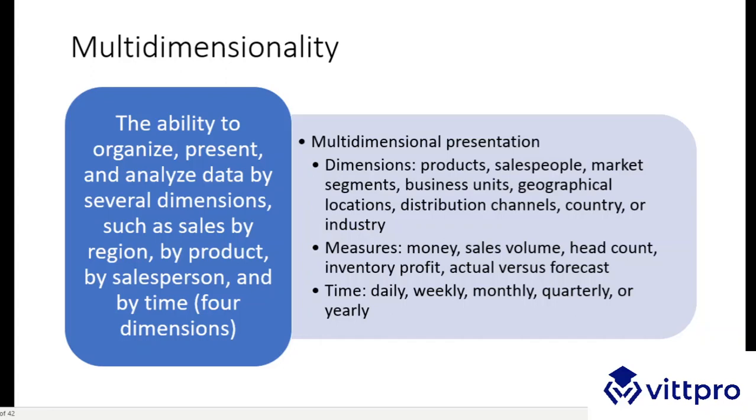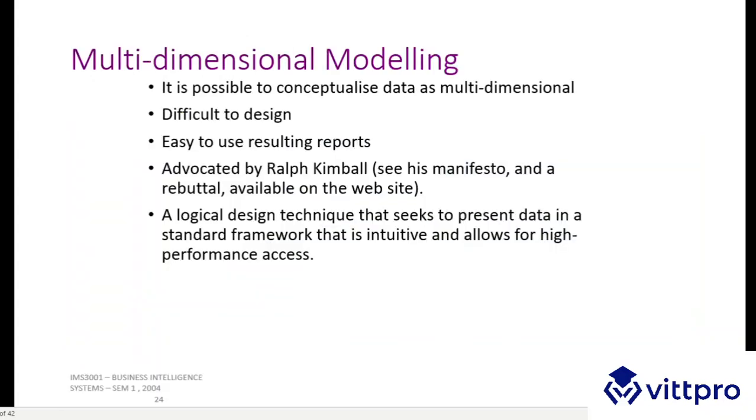That's the difficulty with this type of architecture. But this type of architecture is nowadays most common. Entity relationship modeling is not common anymore because it's too simple, with less flexibility. So multi-dimensional is difficult to design but easy to use for result operations.